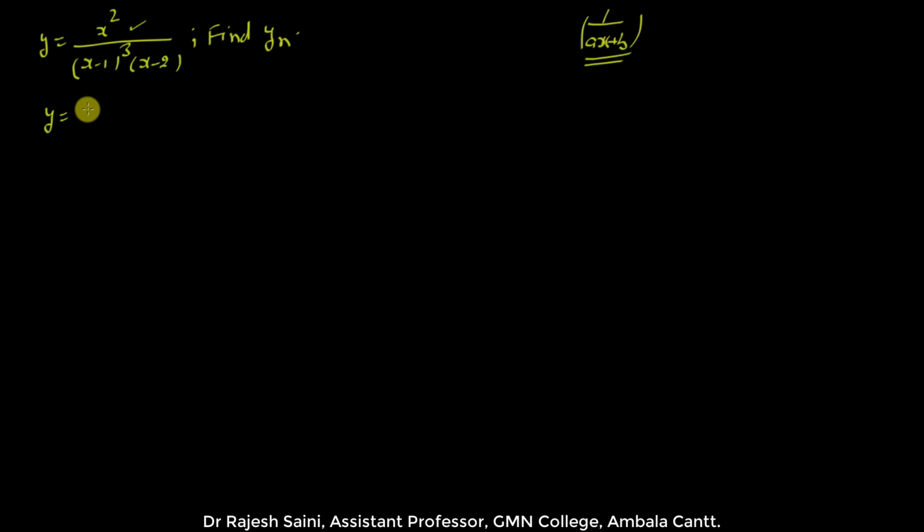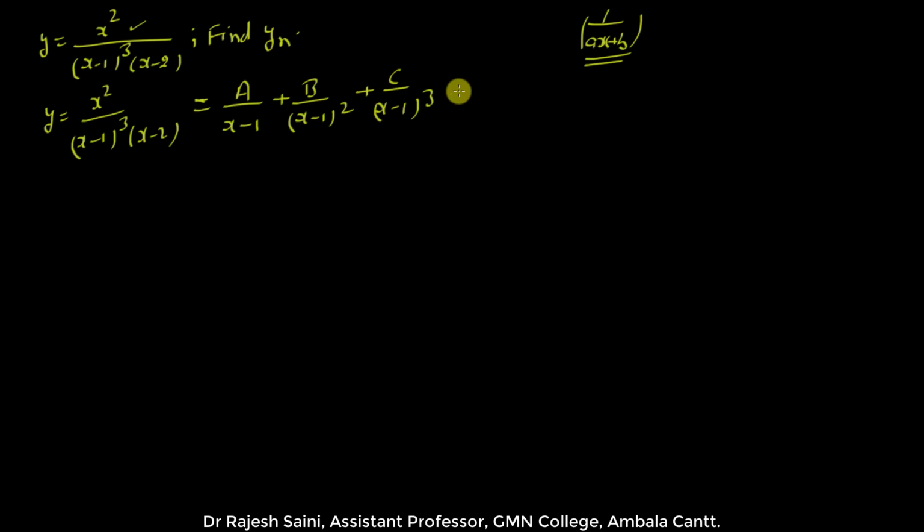So for the same, I am going to do the partial fraction. Say this is x square over (x minus 1) cube (x minus 2). By partial fraction, we know that this can be written as a by (x minus 1) plus b by (x minus 1) whole square plus c by (x minus 1) cube plus d by (x minus 2).